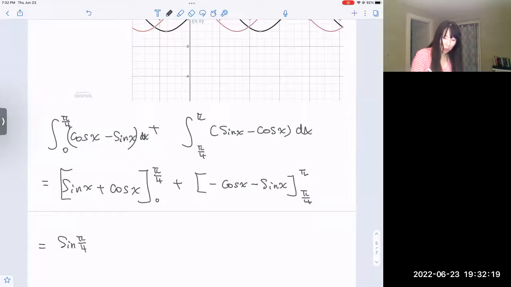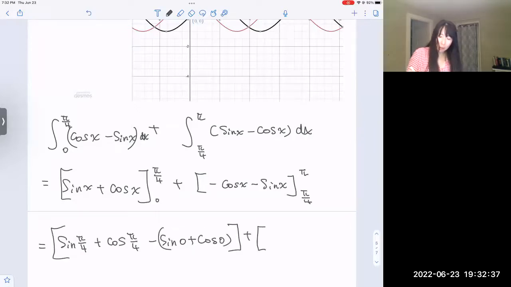Sine pi over 4 plus cosine pi over 4 minus sine 0 plus cosine 0, plus negative cosine pi minus sine pi, and negative cosine pi minus sine pi over 4.